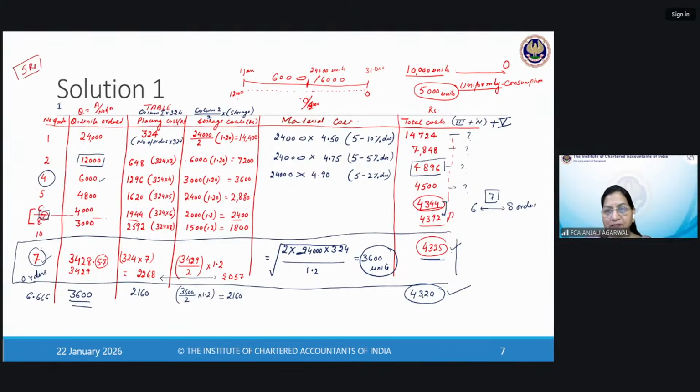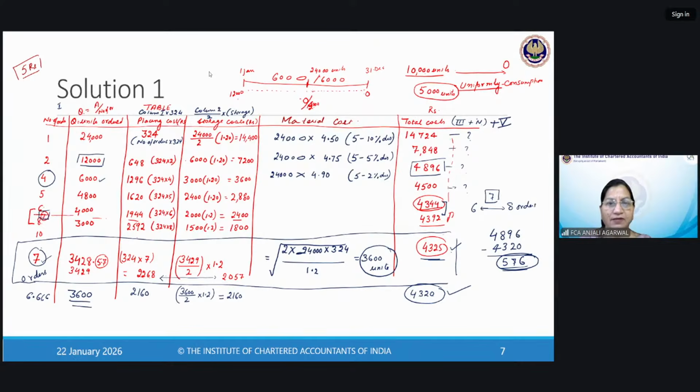You say, okay, but that is going to cost us how much more? 4,896 minus 4,320, so 576. You are going to end up paying 576 rupees extra. So if the vendor wants you to place 4 orders, then you ask him that you have to give us at least 576 rupees discount.